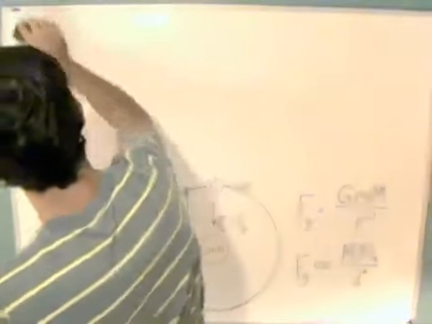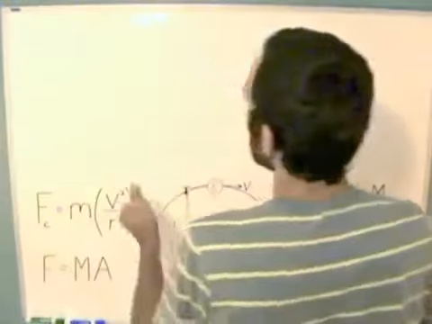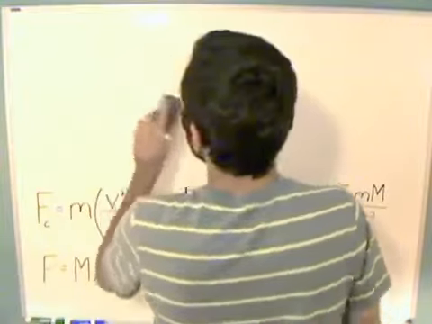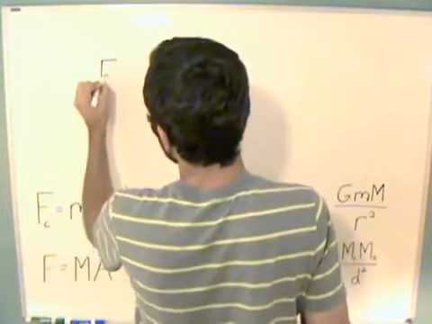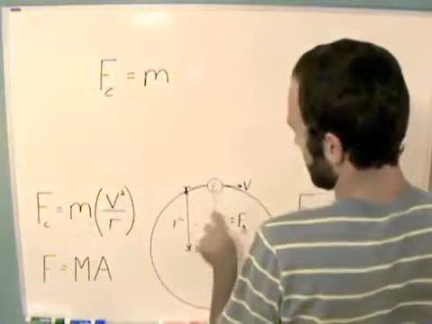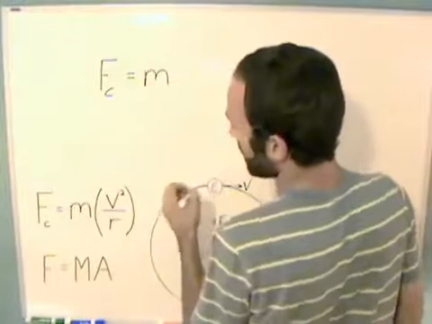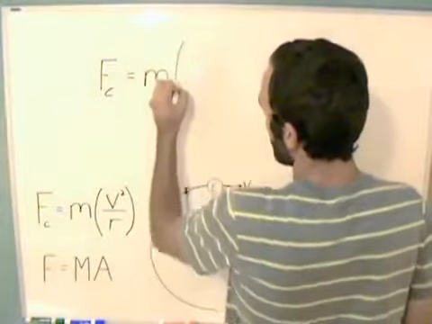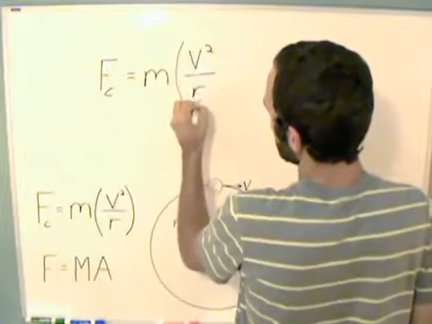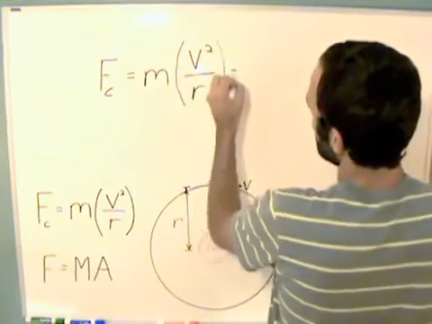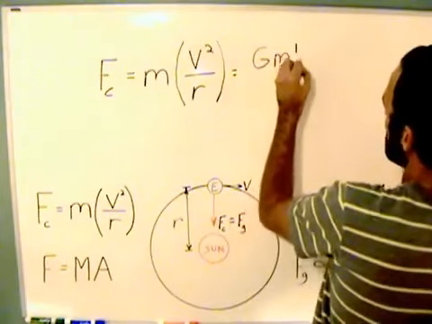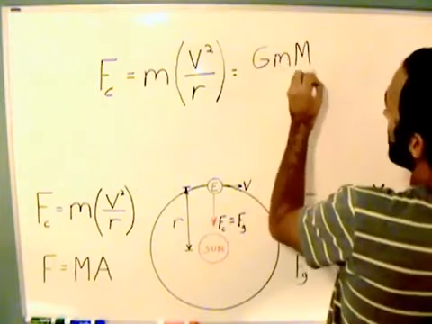Go back to this original relationship. We don't need to do this anymore. We'll go back to just keeping it simple. You say the centripetal force Fc is equal to the mass of the object orbiting the Sun, which we still have as the Earth here, or Jupiter, or Mars, or whatever you want it to be, times the velocity of that planet, or wandering star, divided by the distance from the Sun, r, is equal to the gravitational constant times the little m, which is the mass of Jupiter or Mars or Earth or whatever, times big M, which is the mass of the Sun.